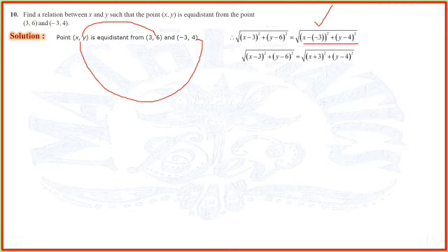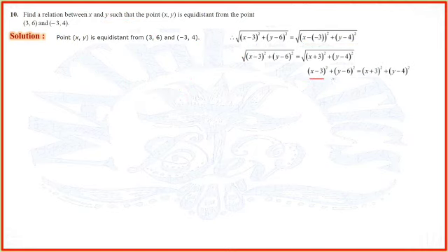Squaring both sides, so square and square root cancel, so x minus 3 whole square plus y minus 6 whole square is equal to this much.